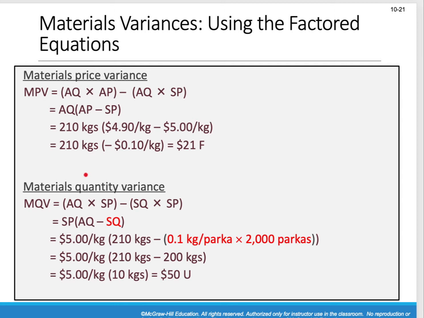So there's another way to look at it. We can look at it in equation form. This should look familiar to you. The materials price variance is the actual quantity times the actual price minus the actual quantity at the standard price.